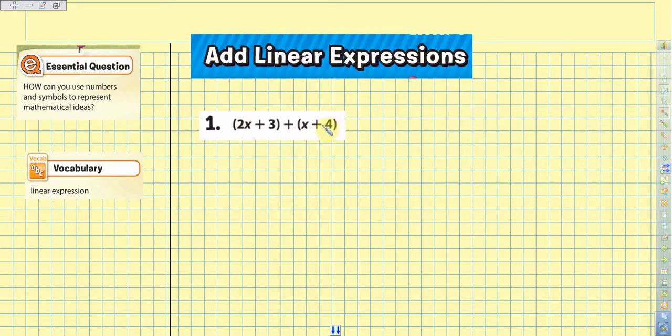So really I could just rewrite this as 2x plus 3 plus x plus 4. My commutative property allows me to move these around. I can move the parentheses around. My associative property allows me to do that. Why? Because it's all addition.